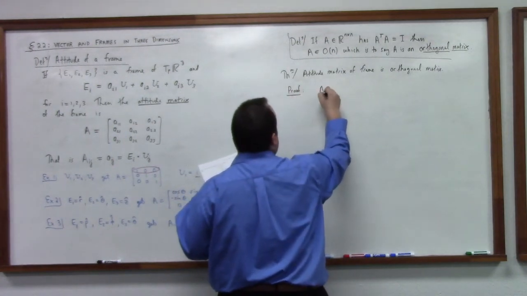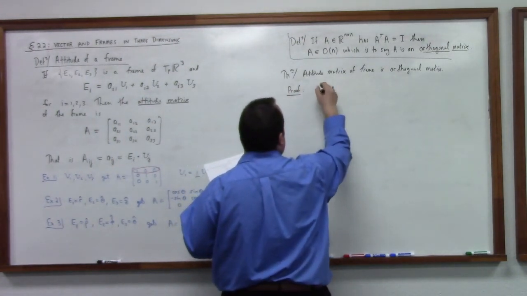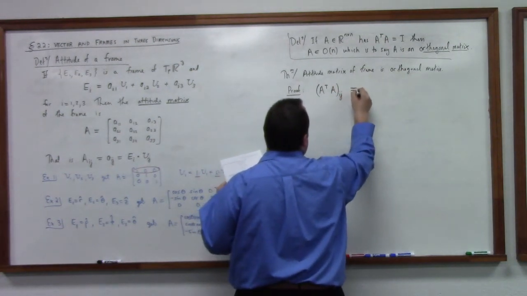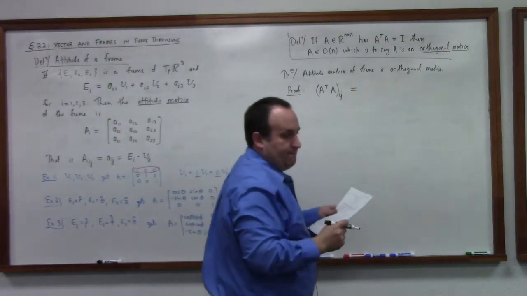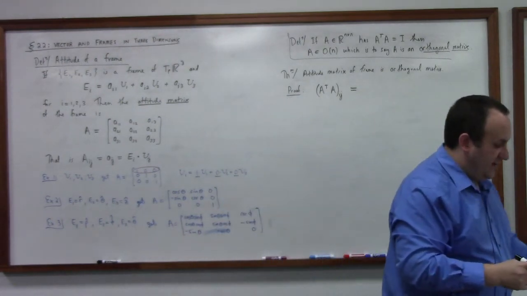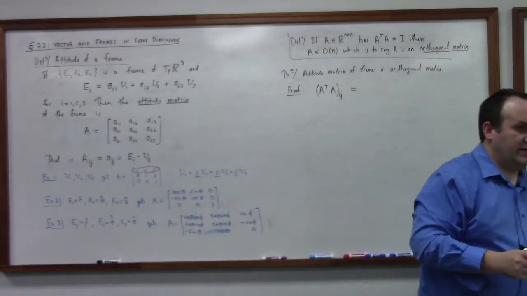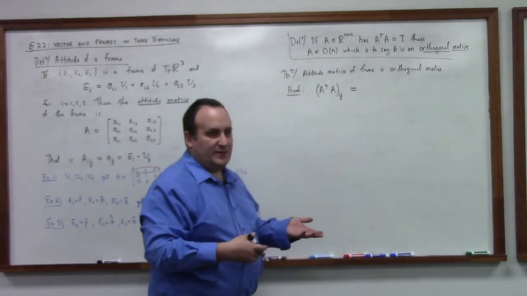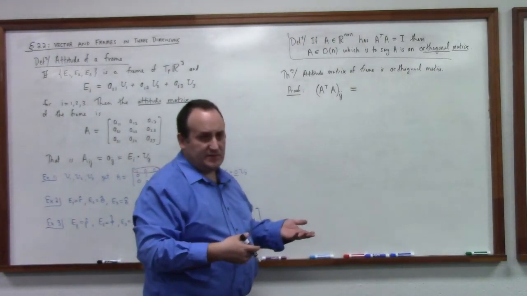If we look at A transpose A and look at the ijth component of that, if you haven't had linear algebra, I'm sorry at the moment. I have to just quote something we learned there, which is how to multiply matrices.